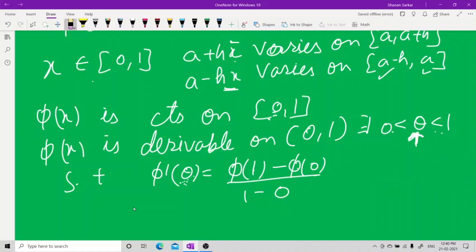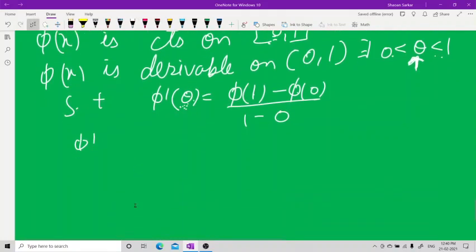So now what is phi dash theta? What is phi of x? Let's write down phi of x first. Phi of x is f of a plus hx minus f of a minus hx.